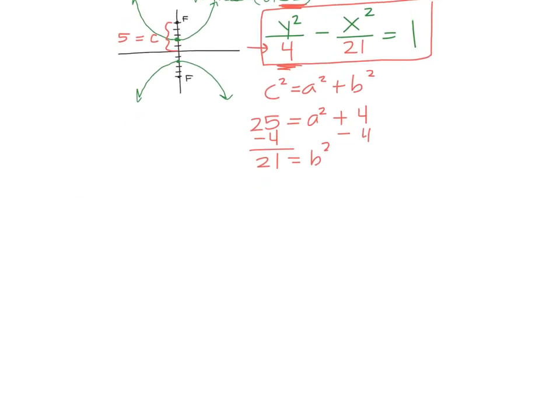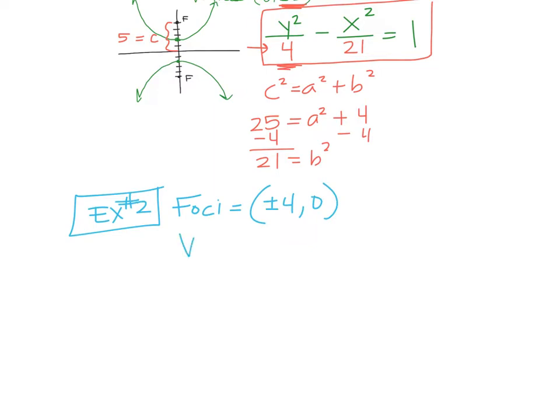All right, example 2. You are given that your foci are plus or minus 4, 0, and your vertices are plus or minus 1, 0.